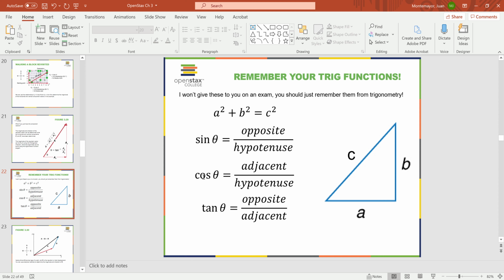For your cosine theta, you're going to use your adjacent. That means right next to it. That would be your a over c. And for your tangent, you're going to do opposite over adjacent. If you notice, your opposite here over adjacent here is pretty much saying your y over your x. So these are the equations that relate everything mathematically, at least, back to trigonometry.